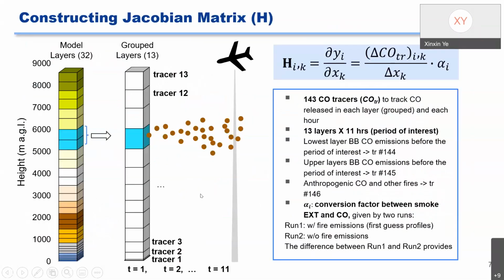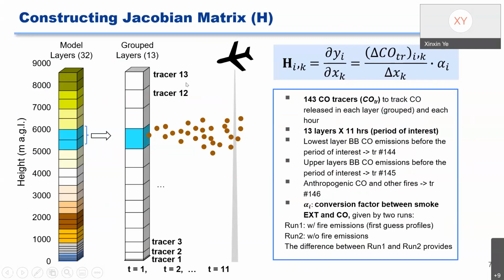So here is a further look at the construction of the Jacobian matrix. To construct this, we explicitly simulated the contribution of tracers from different times and different levels. This is an example schematic plot of how we constructed the layers. On the left, we selected the bottom 32 layers from the model, and these layers extend from about the surface to about 8.5 kilometers.